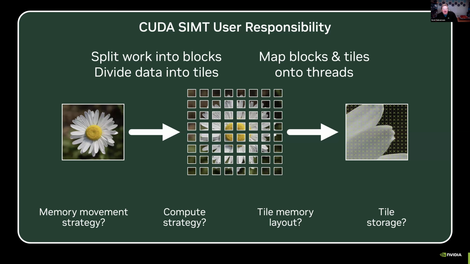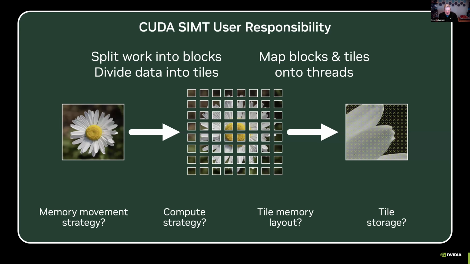So for CUDA SIMT, the user's responsibility is basically all of this. You're responsible for splitting work into blocks, dividing the data into tiles, and mapping blocks and tiles onto those threads. You're responsible for figuring out a memory movement strategy. You're responsible for a compute strategy.